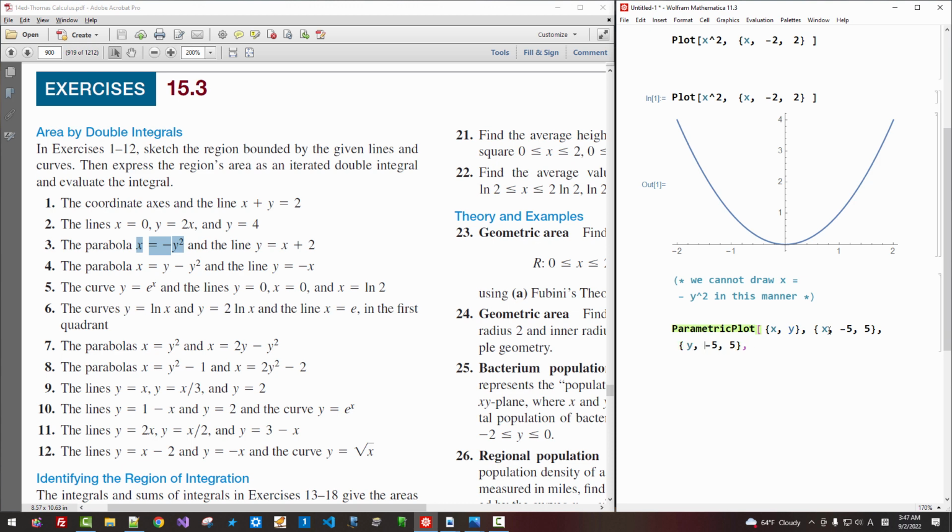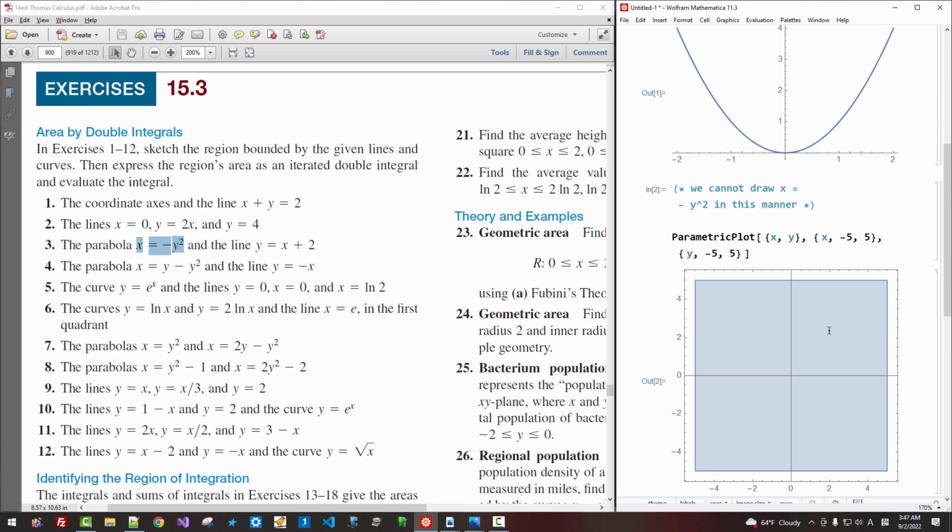Y changes from -5 to 5. Shift enter. This is our plot.